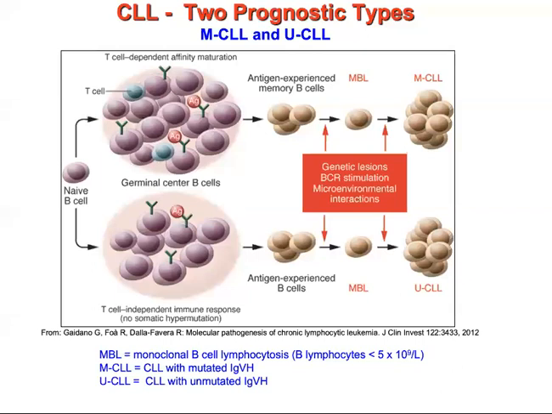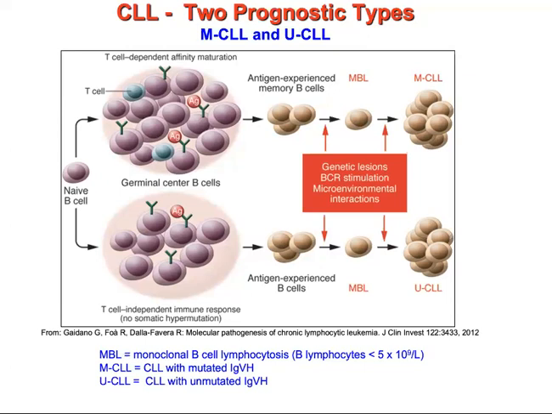We have the MCLL, which is the mutated CLL. So that means that it's CLL with mutated IgVH, okay? This would put the patient in a favorable category. And then you have UCLL, which is unmutated CLL, and that is an unmutated IgVH.